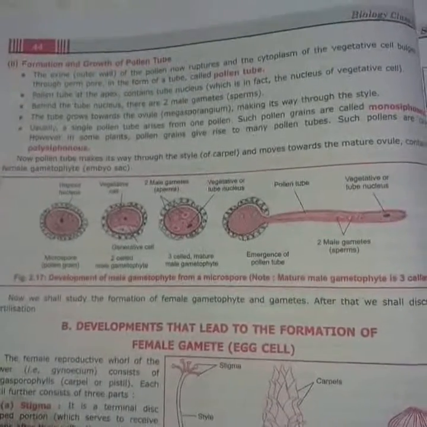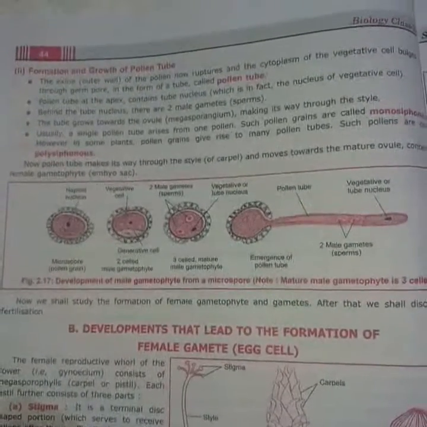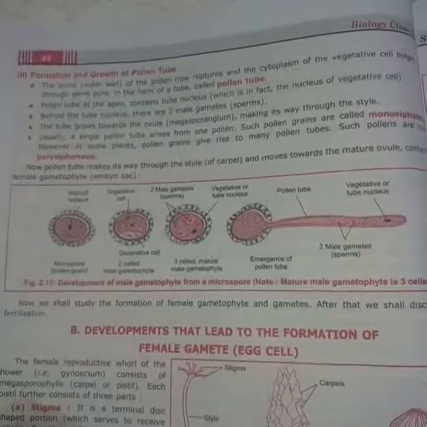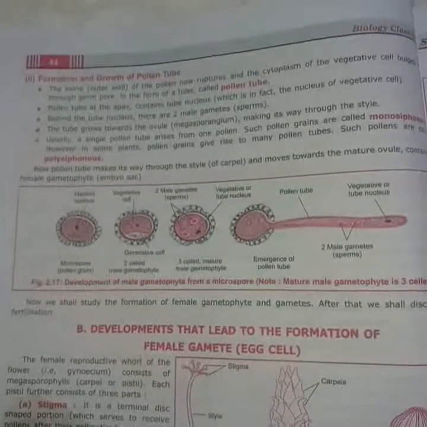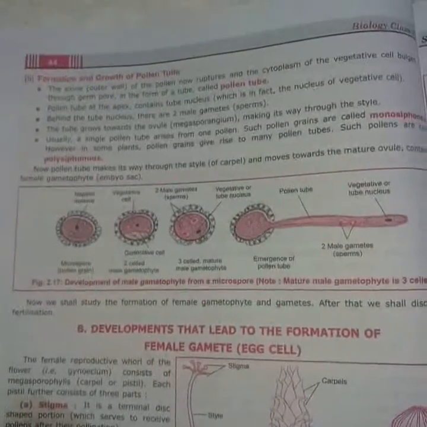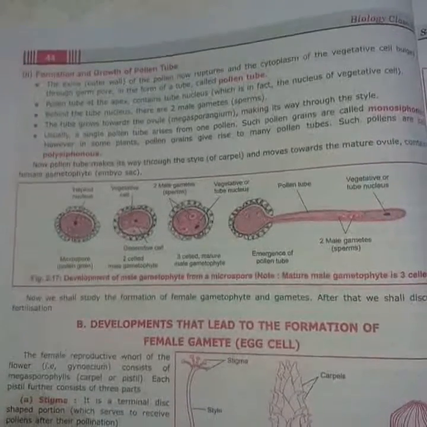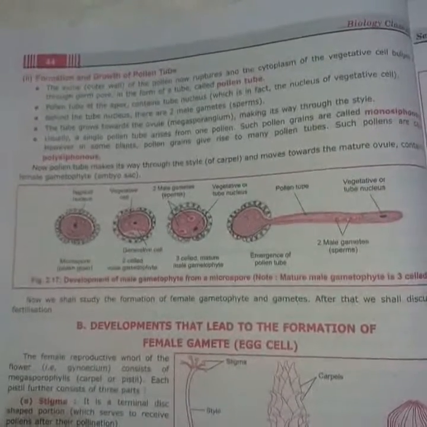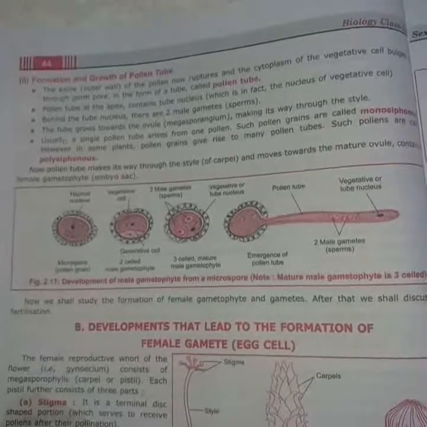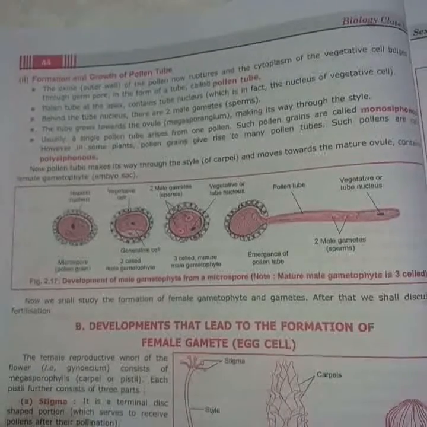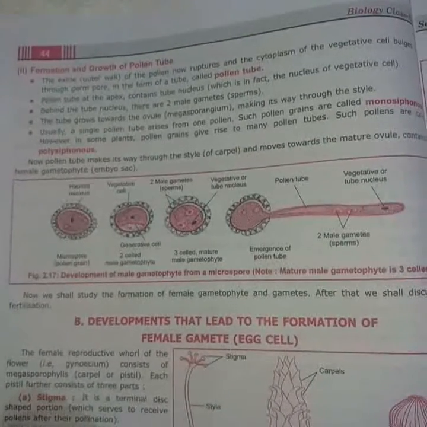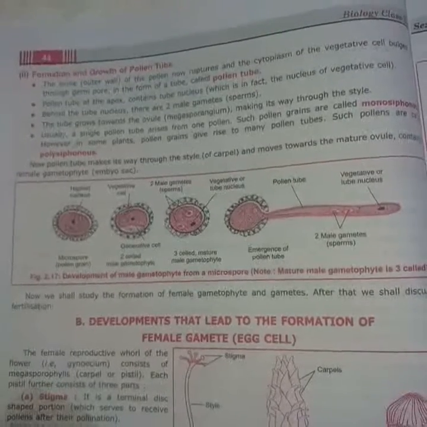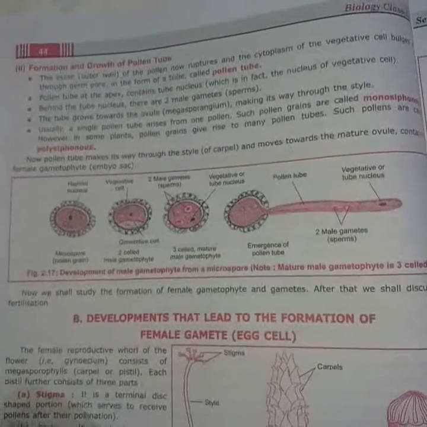In the next video, I will explain development of female gametes or egg cells, then after fertilization, and last embryo development, then the sexual reproduction in flowering plants is complete.